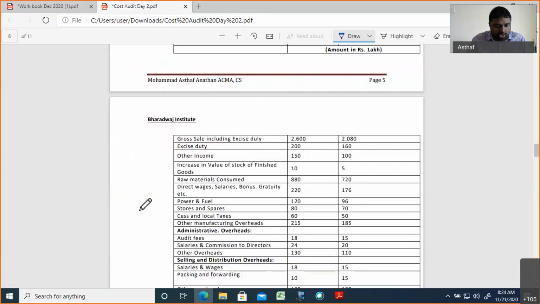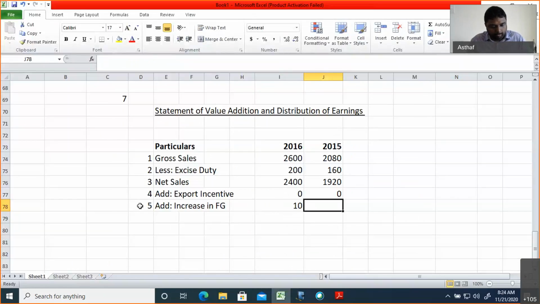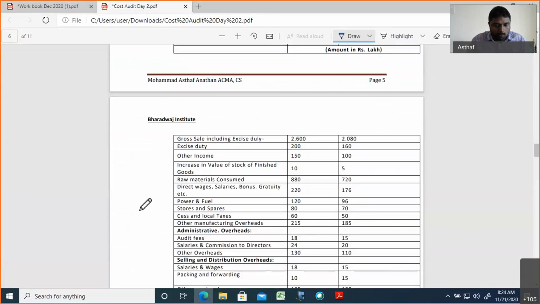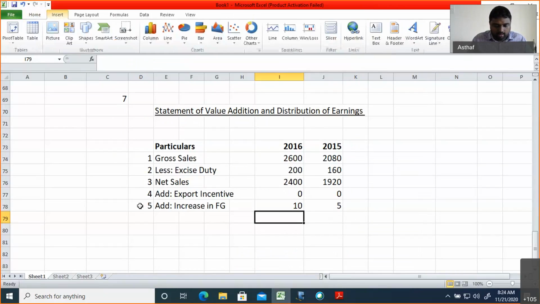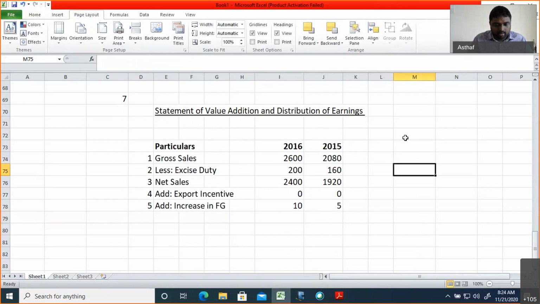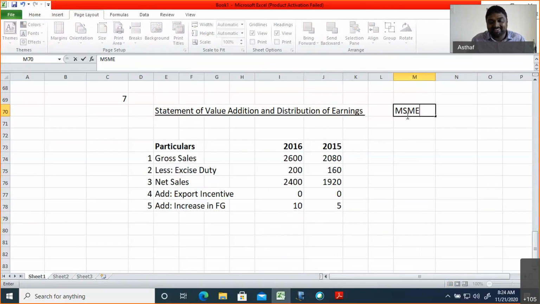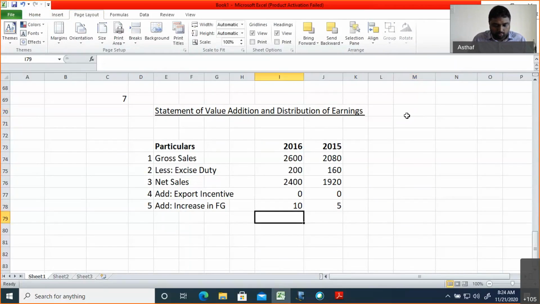So what is the value of finished goods? Export incentive means MIS scheme. That is not MSME scheme. Some friends are thinking MSME scheme, but it is not; it is MIS scheme under duty entitlement passbook, all those schemes.